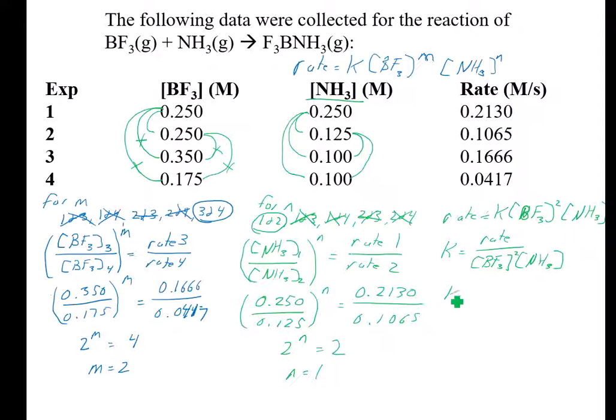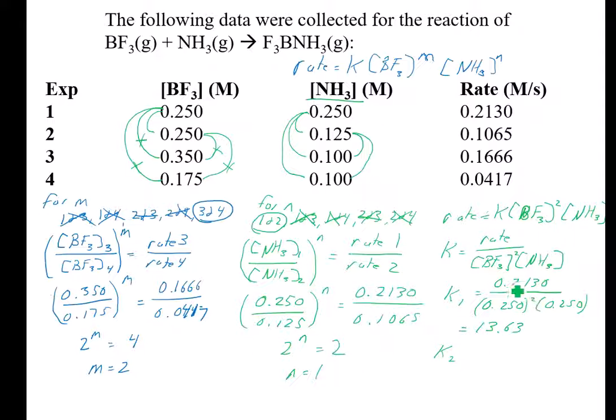So for the first K, K1, it's going to be 0.2130 divided by 0.250 squared, divided by 0.250, and I got 13.63. I don't have room to write these all out, but I did the same thing.